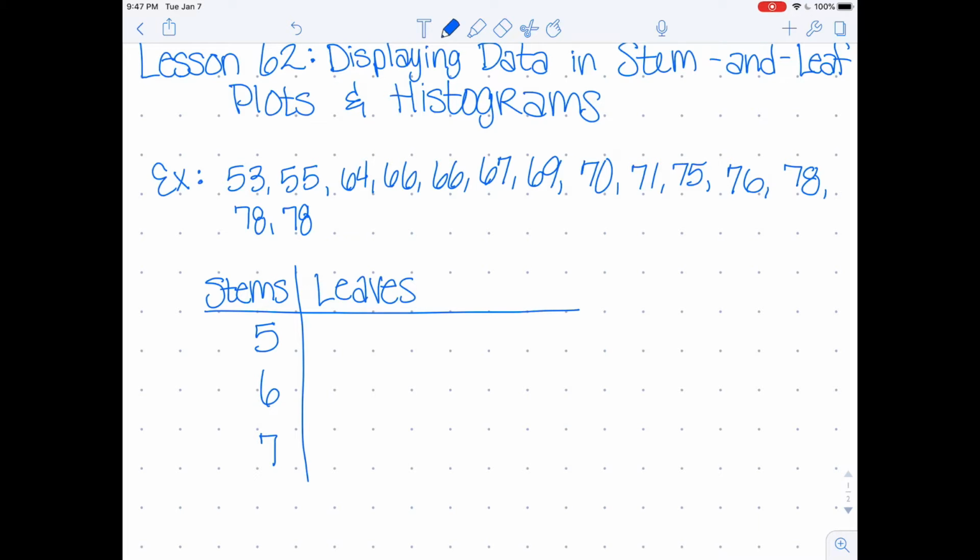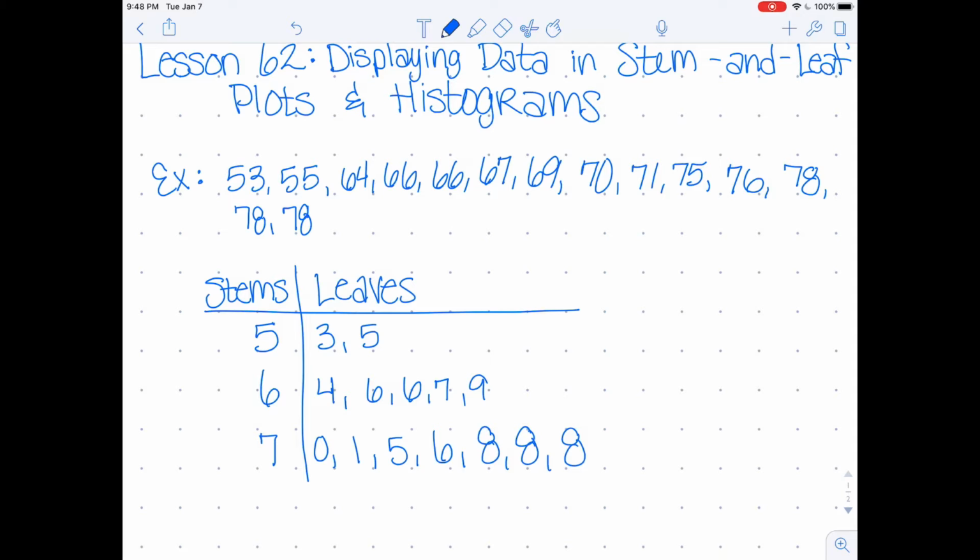Then I'm going to go through and write down every ones place as a leaf. So I've got 53 and 55, 64, 66, 66, 67, 69, and then we've got 70, 71, 75, 76, 78, 78, 78.